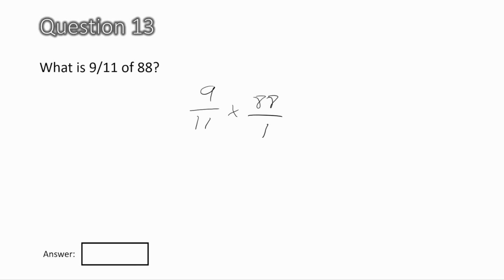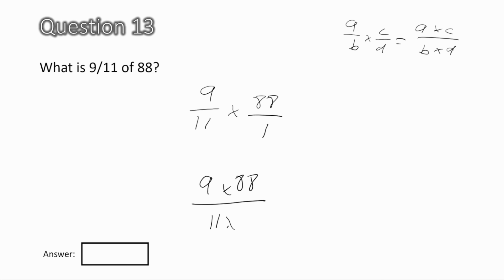So we can combine these fractions using the fraction rule of a/b times c/d equals a times c over b times d. Now that's quite confusing, but basically what it means is if you have two fractions that have been multiplied, you can basically merge them together. So if we do that to our fraction, we get 9 times 88 over 11 times 1. So let's simplify that a little bit.